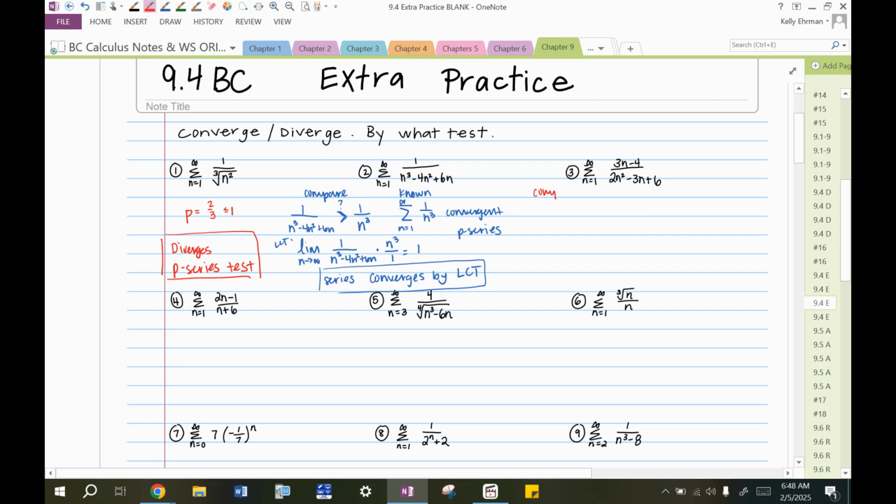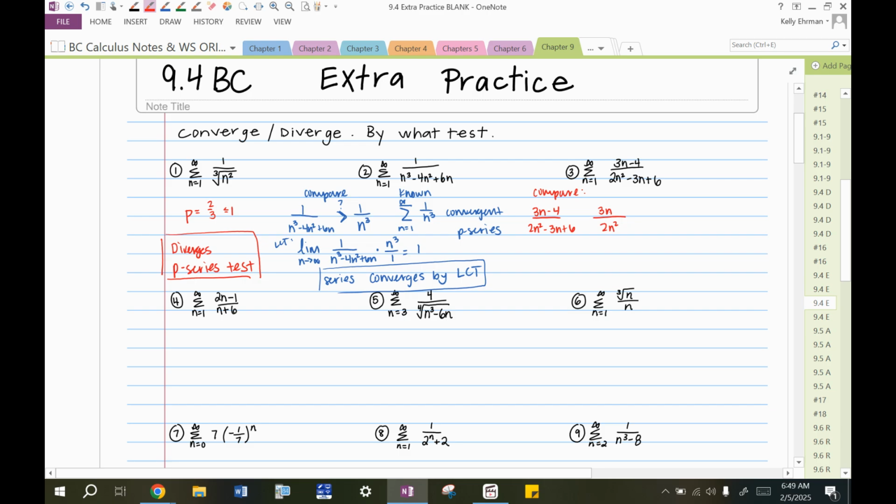So let's compare what we have. 3n minus 4 over 2n squared minus 3n plus 6. Let's compare that to just 3n, so cut off the minus 4. Cut off the extra terms here over 2n squared.